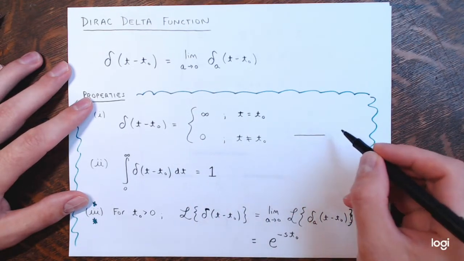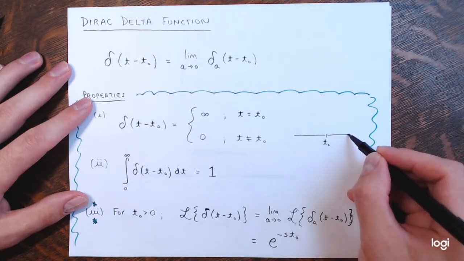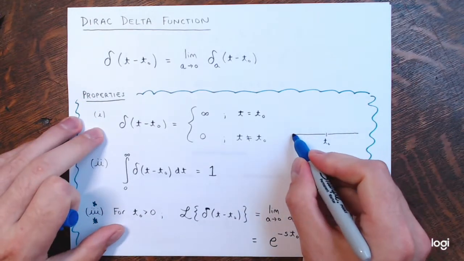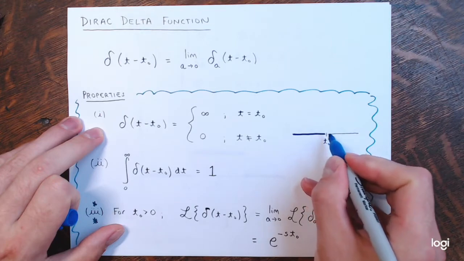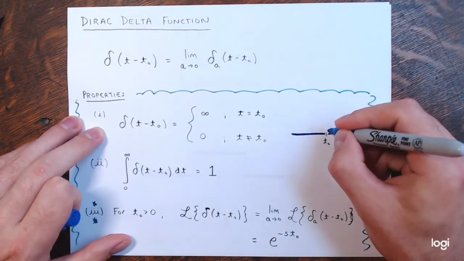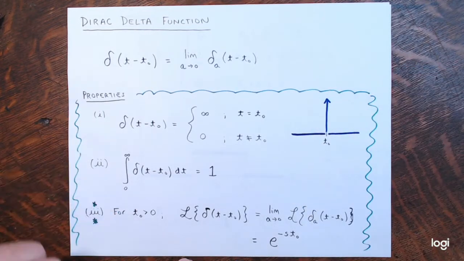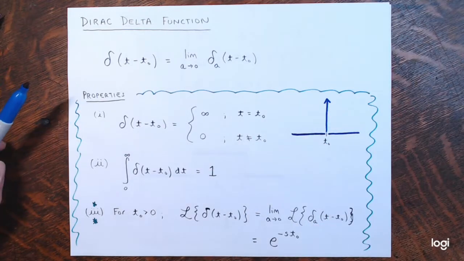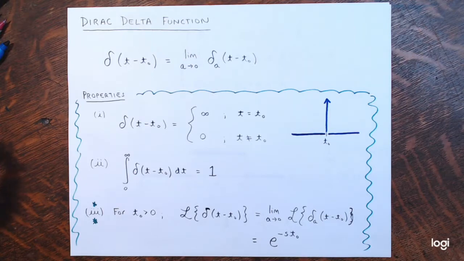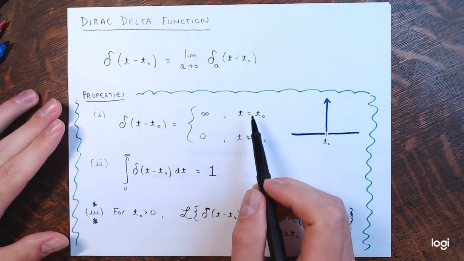So here's t sub 0, and it's like a very sudden large impulse, 0 everywhere else, and then at t sub 0, the limit approaches infinity, it shoots up. So a sudden impulse at an instant, right?